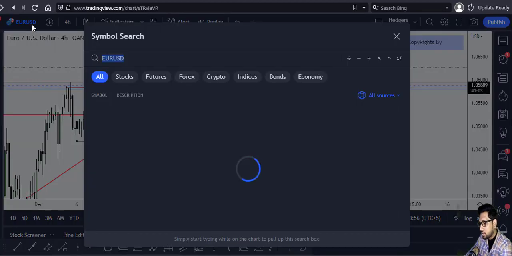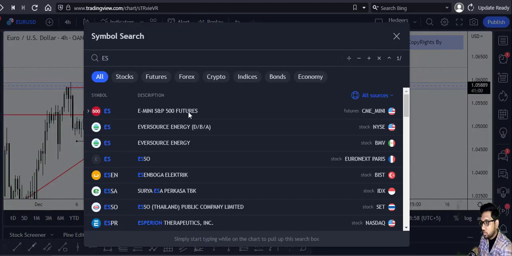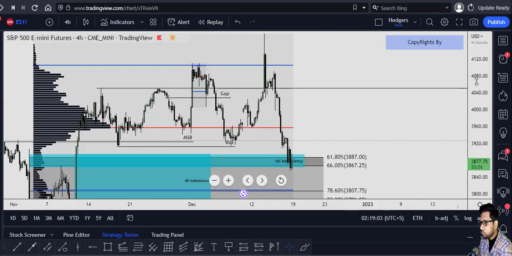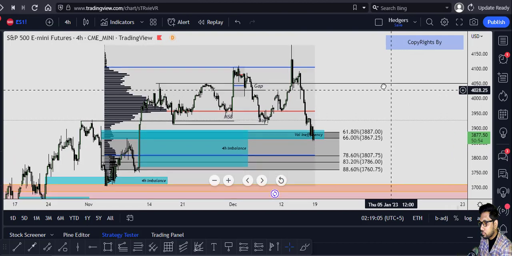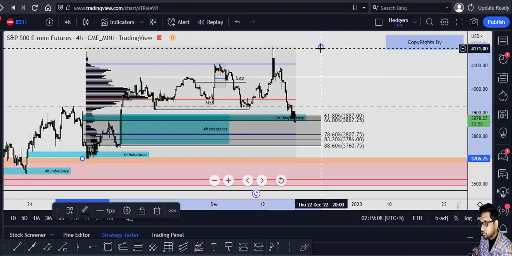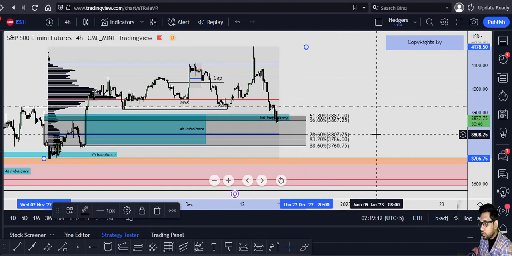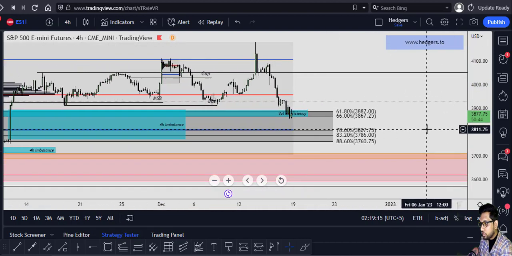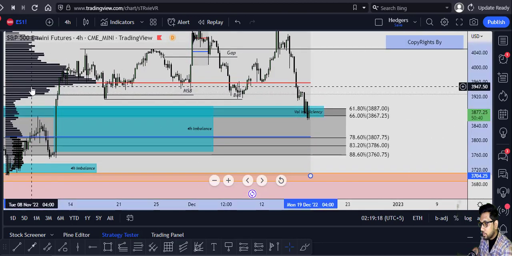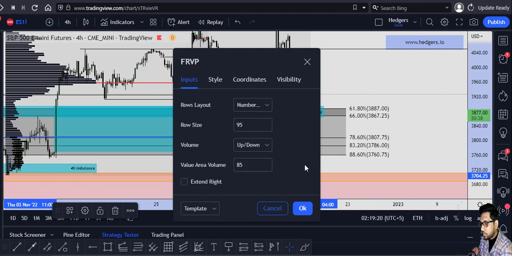So let's take a look at ES1 mini, ES mini. Okay, ES mini is going for the inefficiency, already been filled. Extend it.